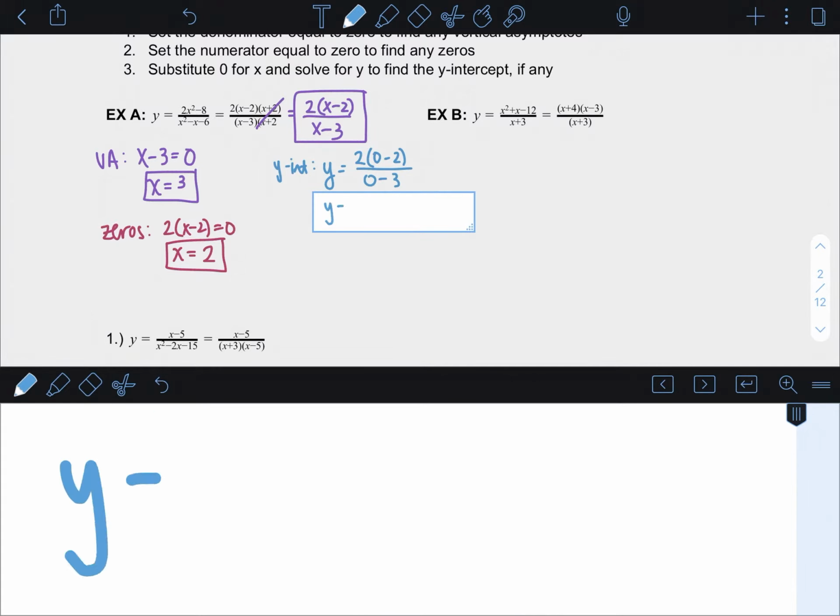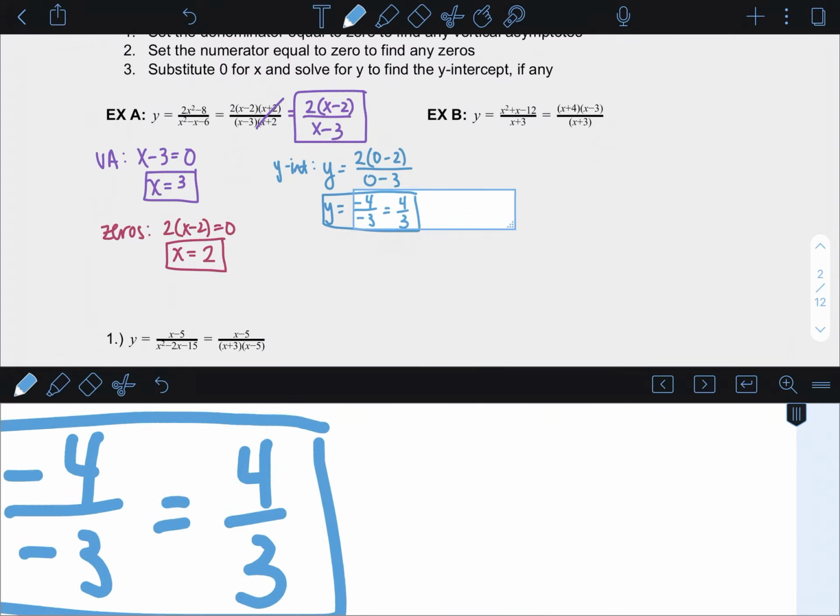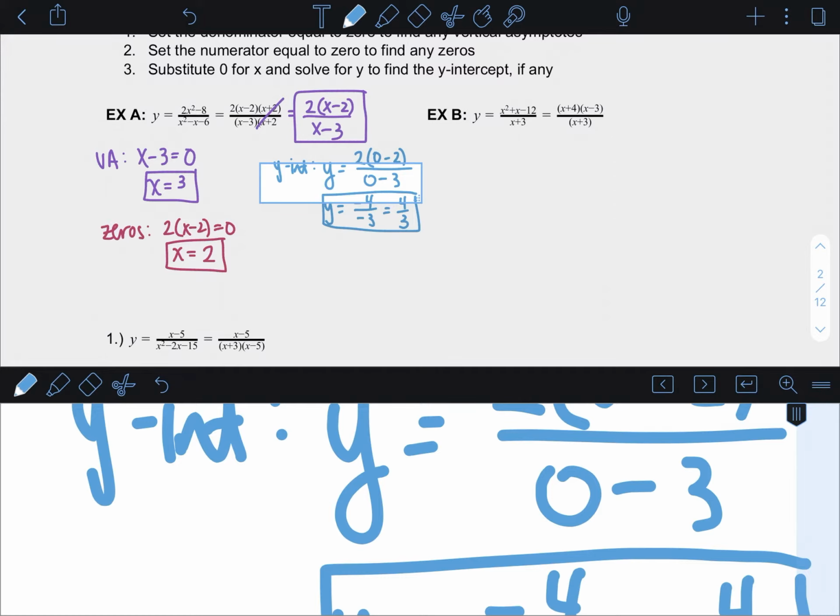And then we simplify. 0 minus 2 is negative 2, times 2 is negative 4, divided by negative 3 gives me 4/3. So y is equal to 4/3 is my solution for the y-intercept.